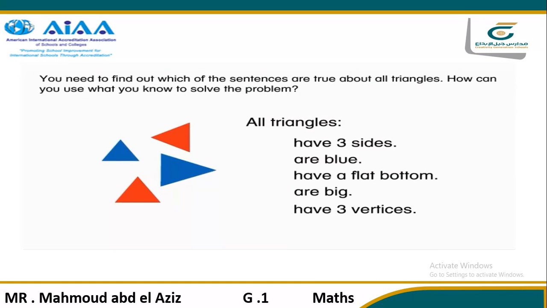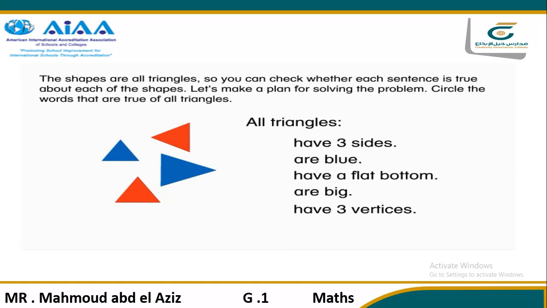You need to find out which of the sentences are true about all triangles. How can you use what you know to solve the problem? The shapes are all triangles, so you can check whether each sentence is true about each of the shapes.